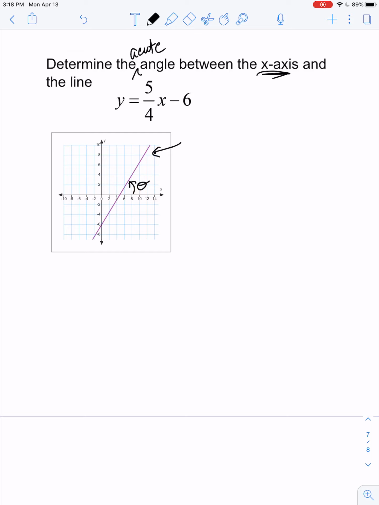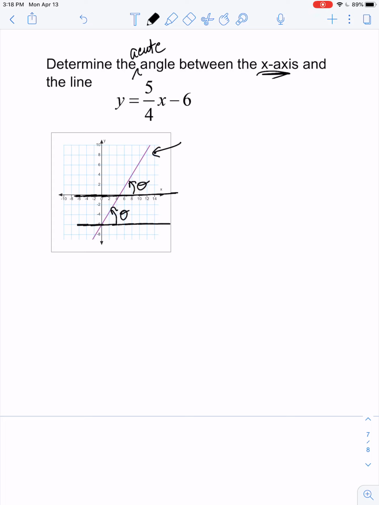It doesn't matter where we do it, so why don't we do it right here as well? This angle here is also going to be theta.